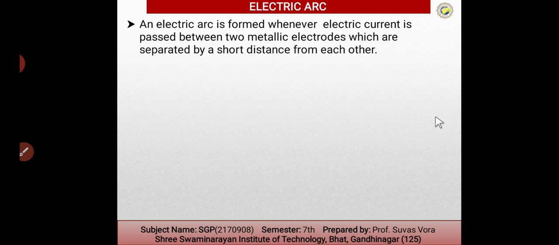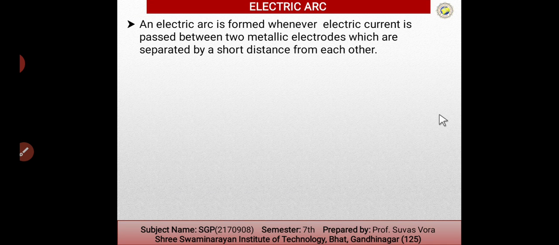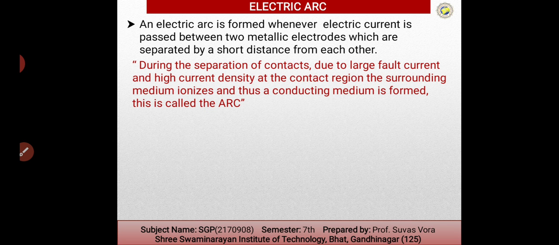The electrical arc is formed whenever electrical current is passing between two metallic electrodes which are separated by a short distance from each other, and the surrounding medium becomes ionized and thus a conducting medium is formed. This is called the arc.